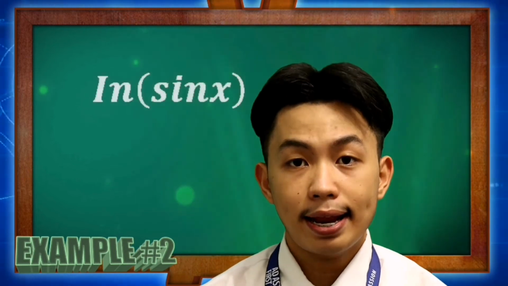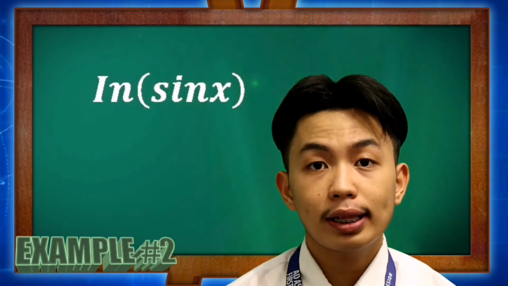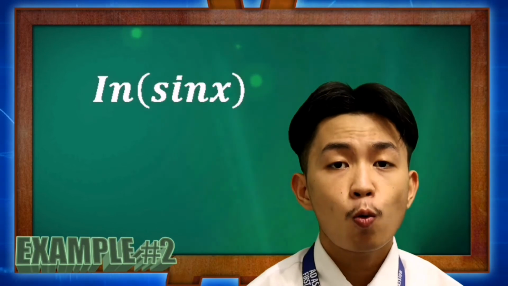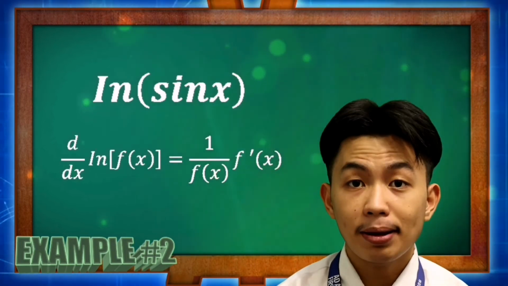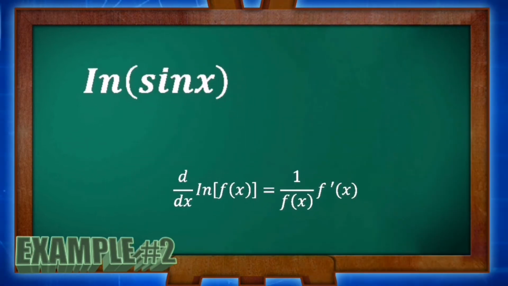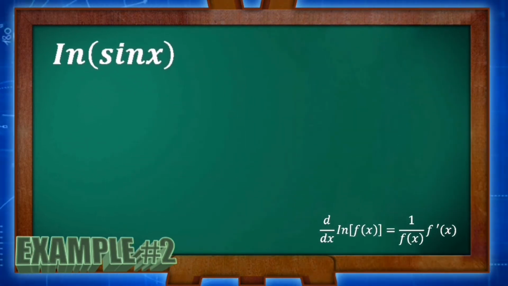For example number 2, we have ln sin x. Since we are using the natural logarithmic function, we need to use the formula 1 over f of x times the derivative of f of x. By applying the formula, it will become 1 over sin x times the derivative of sin x.